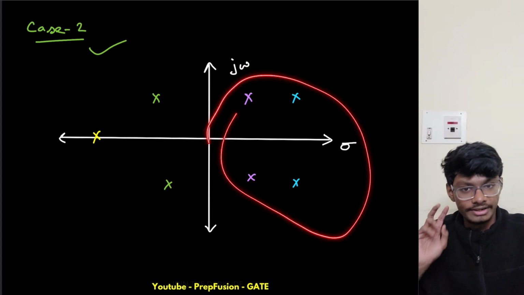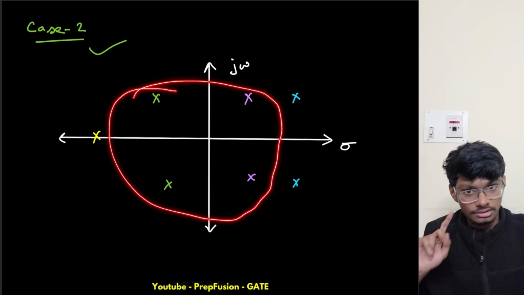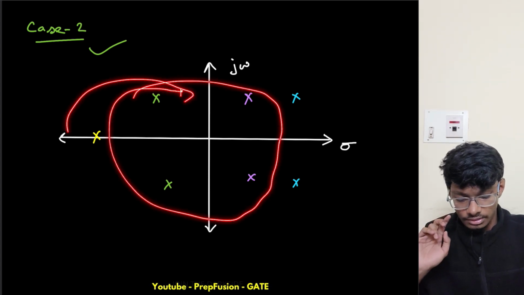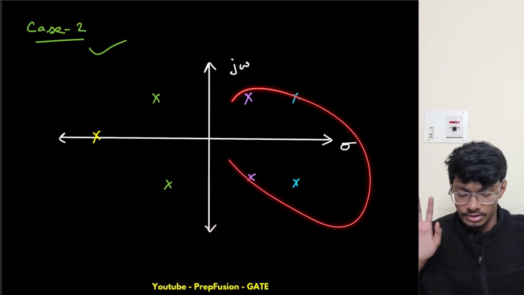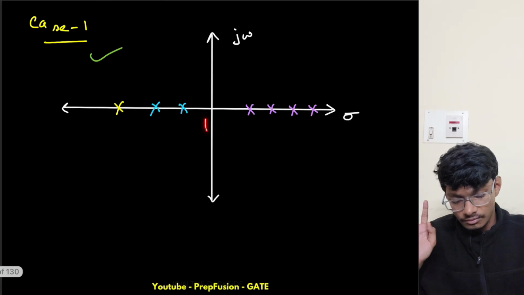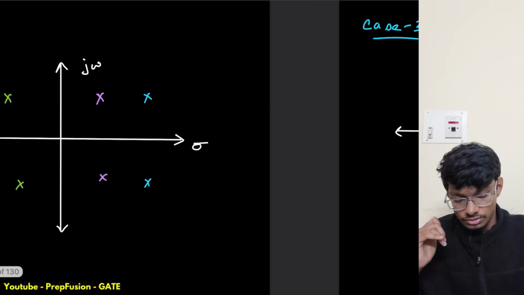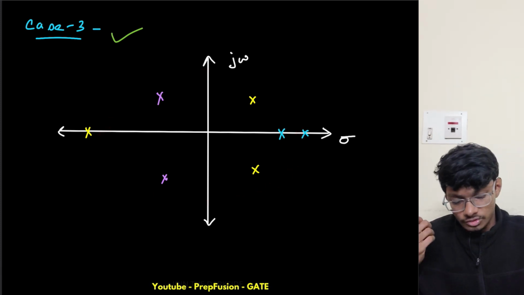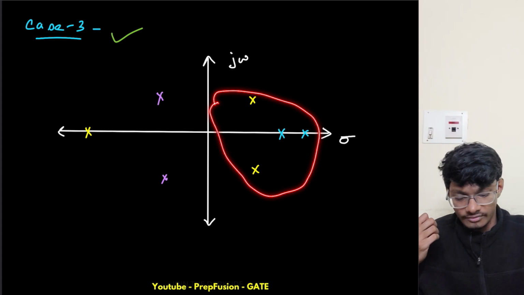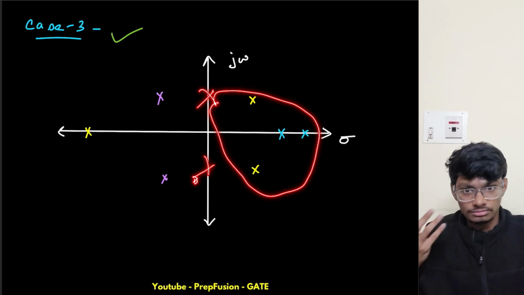Basically I have 4 right hand side poles, and out of those, these 4 are symmetrical, which is following the rule. I have a total of 7 roots, and one of them is on the left hand side, 4 of them are on the right hand side. So all of them are following the rule. These are symmetrical. But can they lie on the imaginary axis? No, because obviously these 4 poles have gone. If I take 2 poles on the imaginary axis, then I am left with only one pole here.